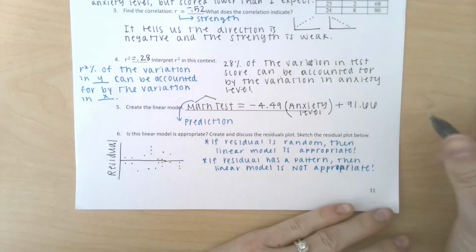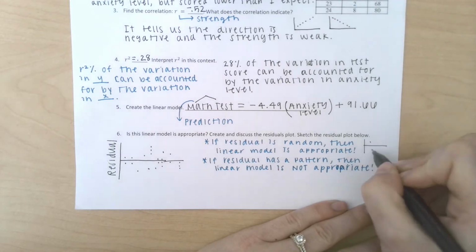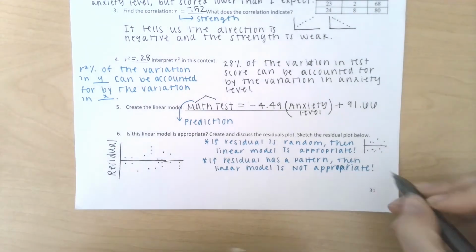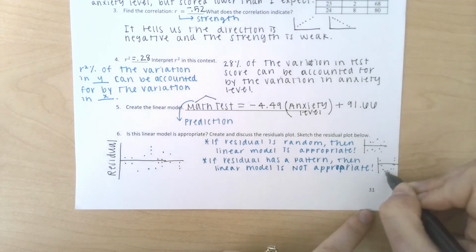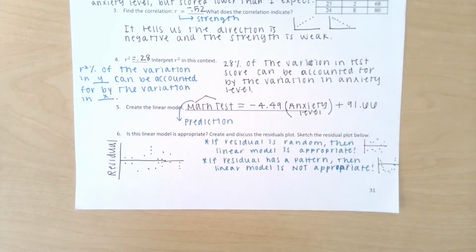So, quick example, if I give you a random residual plot, it's just random dots all over the place. A pattern would look something like this. Okay? There's a definite, very clear pattern there.